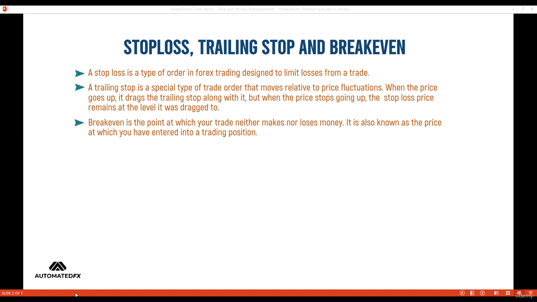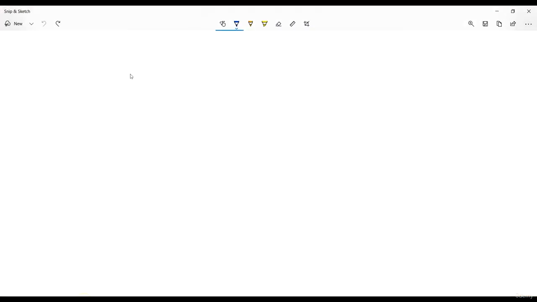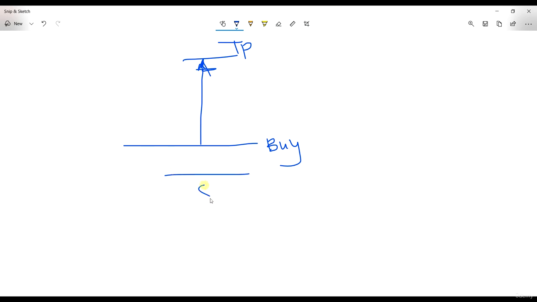Okay, so to explain this, let me just start with the stop loss. Most of you will know what a stop loss is. For a buy scenario, this could be your entry price, right? So you buy here, and then you are expecting the market to travel upwards, up to this location. So this will be your take profit order, and this will be your stop loss order.